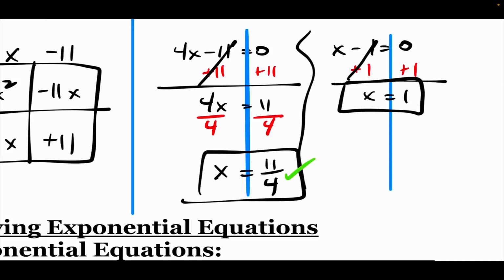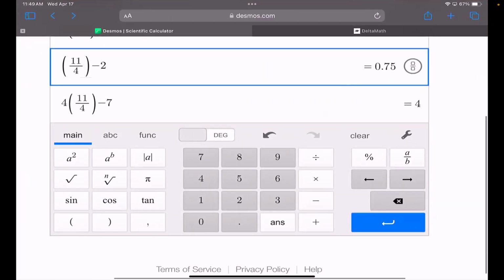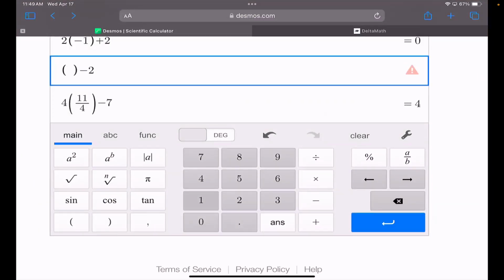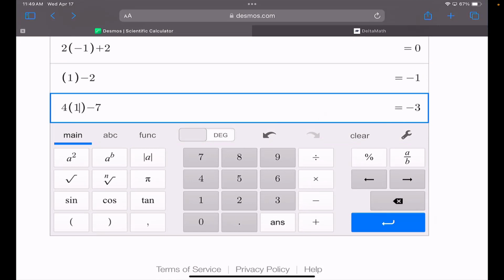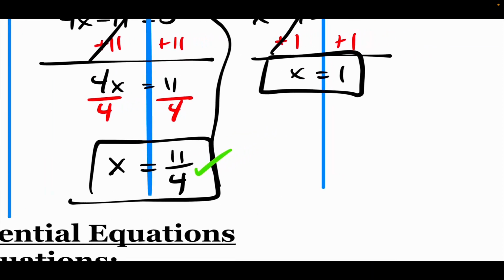Now I'm going to put positive 1. I get 2 negatives. I only needed 1, but both of them are negative. That means positive 1 is extraneous because I can't have a negative log.